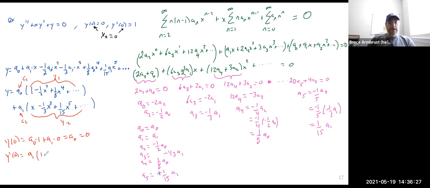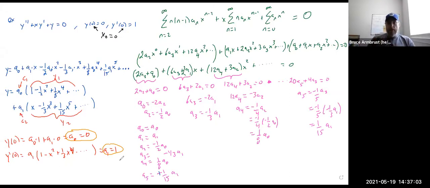And then this one's going to be minus x squared plus 1/3 x to the 4th, ... But all those guys with x's, again, go away. Just equals a1. So in this case, a1 is equal to 1. So there are your initial condition results. We get a naught equals 0 and a1 equals 1.